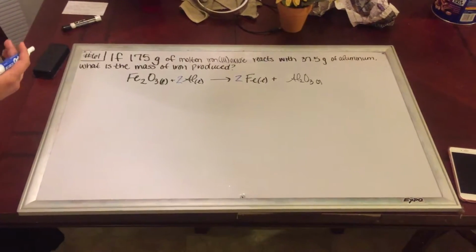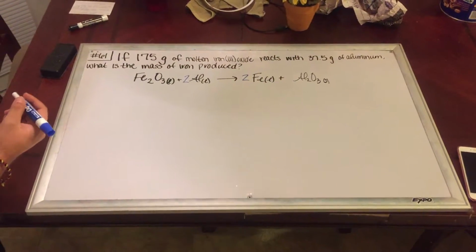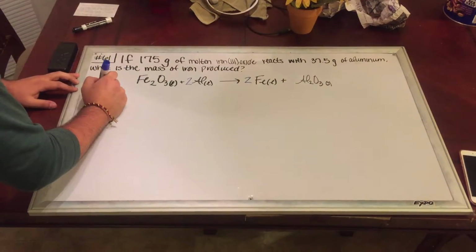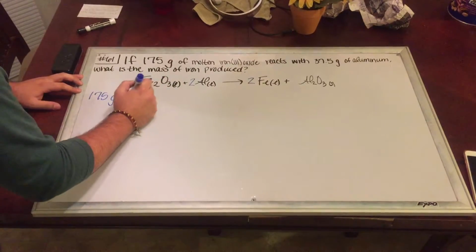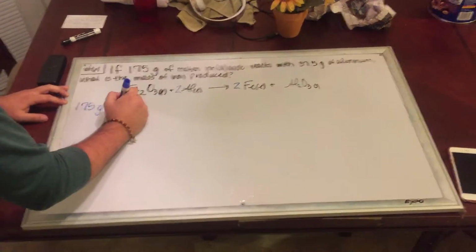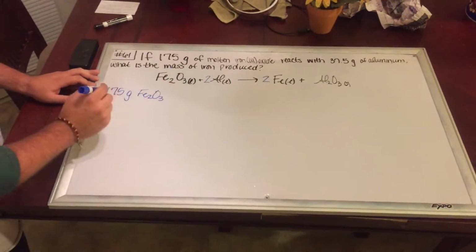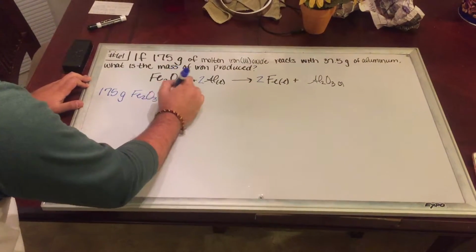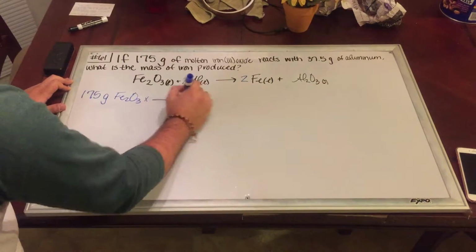First, we need to convert it into moles. So if I have 175 grams of iron 3 oxide, I need to convert that into moles real quick.